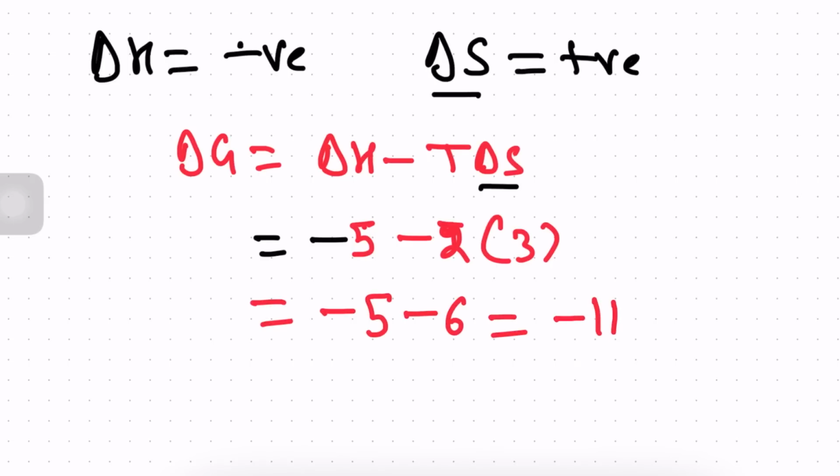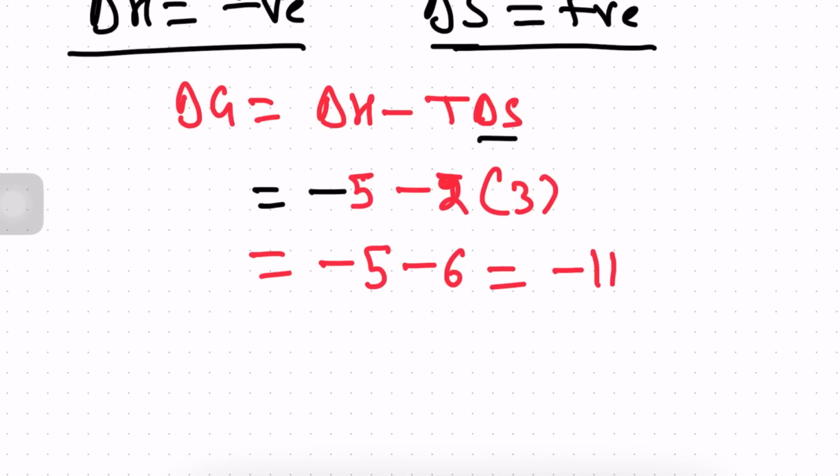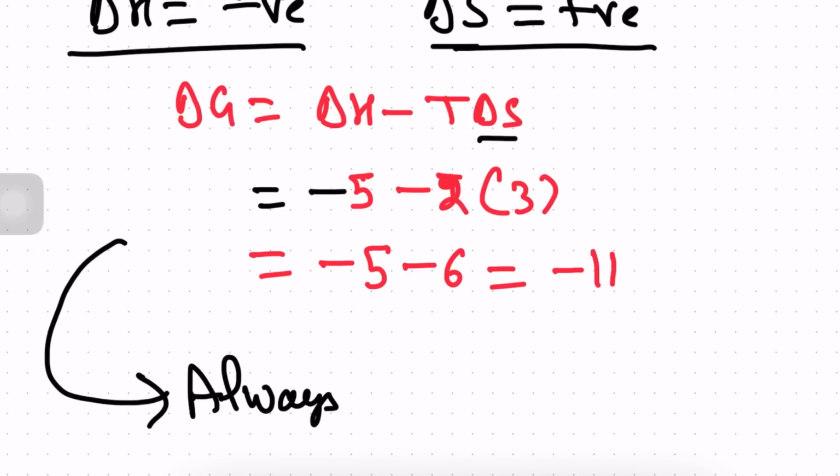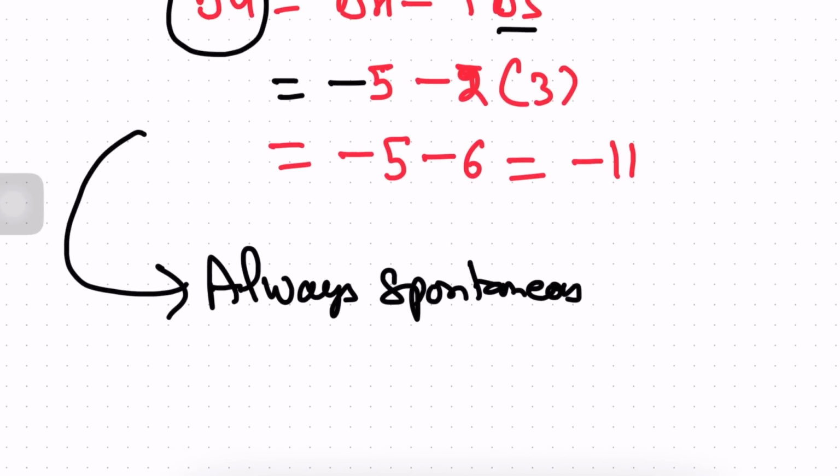Here in such a reaction where you have delta H negative and delta S positive, meaning entropy is going to increase, such type of reactions are always spontaneous. So you just have to see what is the net value of delta G. Hopefully you have understood this concept.